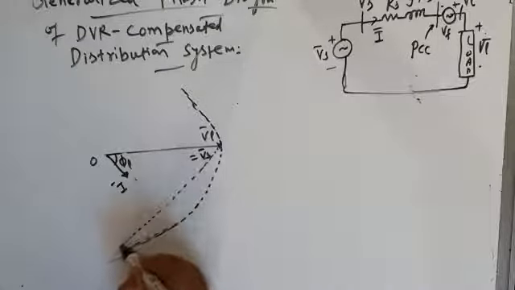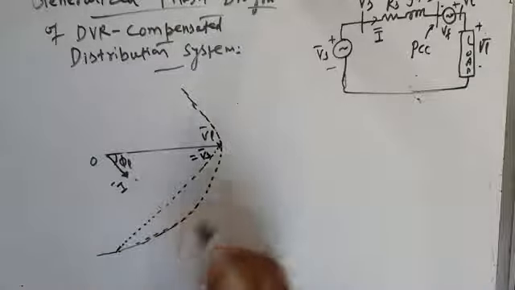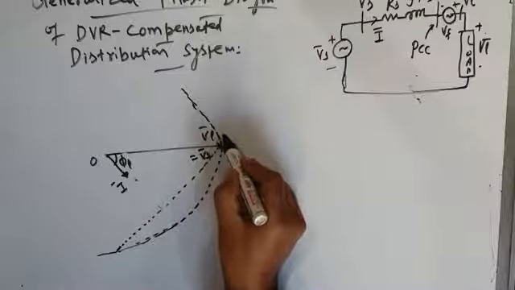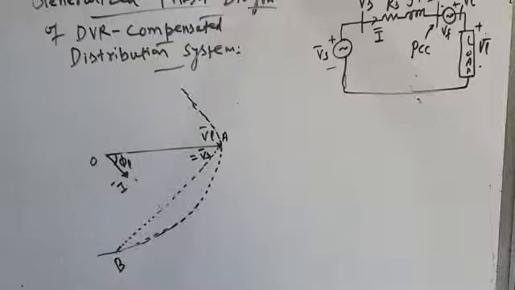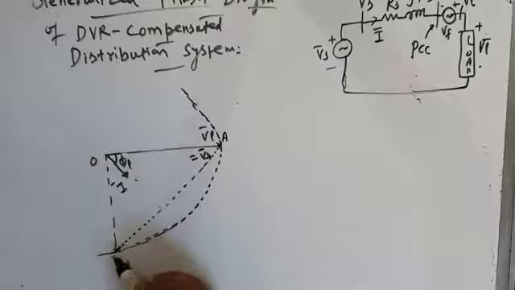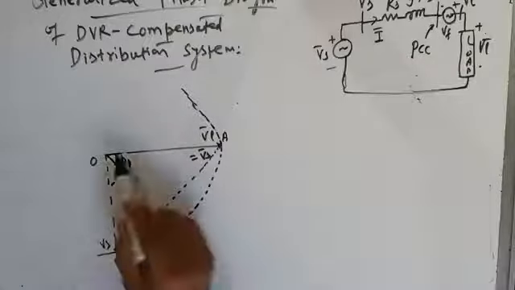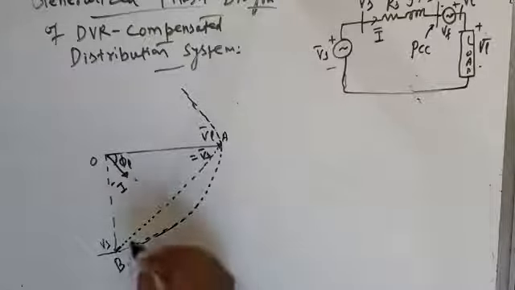So that will touch the circular trajectory somewhere here. Say for example this is your point A, and this will be point B1, and your source voltage will be this. If this is load voltage, this is source voltage. And this will not be J I into Xs.